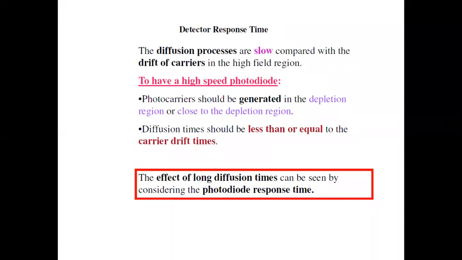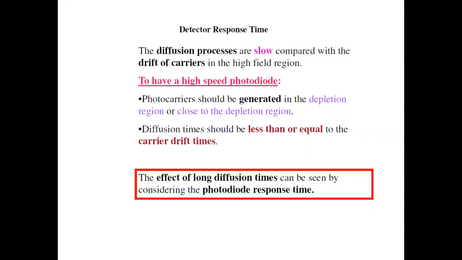The diffusion processes are slow compared to drift carriers in a high field region. To have high speed photodetectors, the photocarriers should be generated in the depletion region or close to it. The diffusion time should be less than or equal to the carrier drift times.